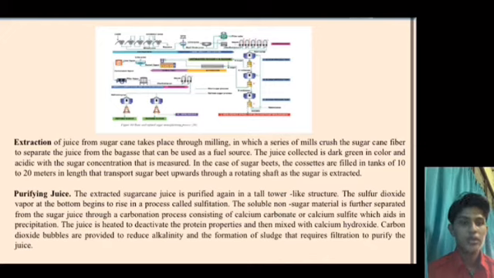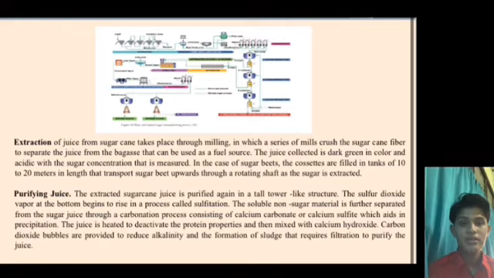The juice collected is dark green in color and acidic, with the sugar concentration measured. In the case of sugar beets, the cossettes are filled in tanks of 10 to 20 meters in length that transport sugar beet upwards through a rotating shaft, and the sugar is extracted.